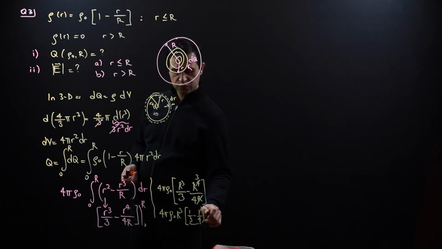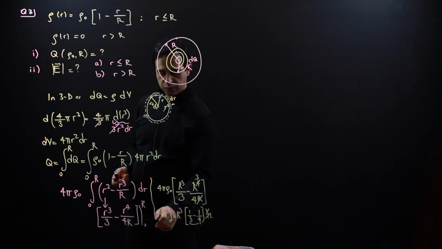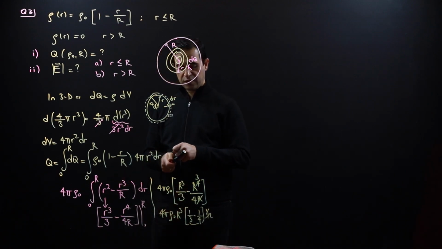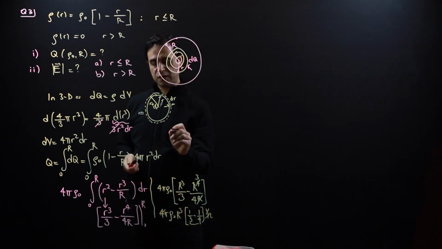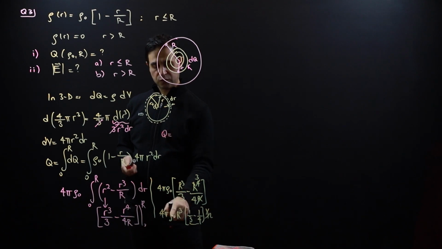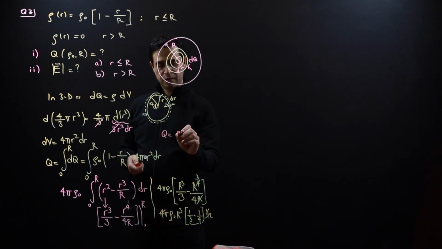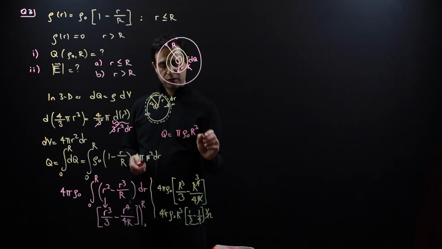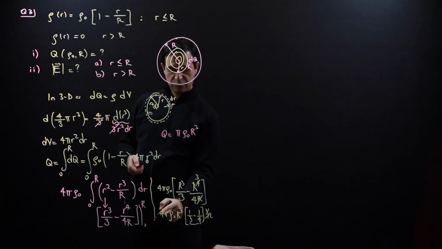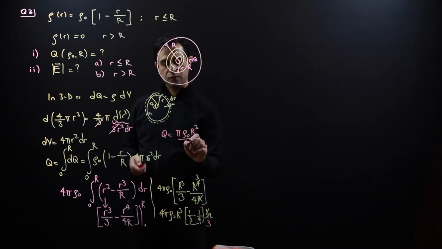So that's 1 over 12, and that cancels the 4 in here, and this will be my answer here. Q is equal to pi times rho 0 times R cubed, and this 4 cancels with the 1 over 12, and 3 remains here, right? 3.